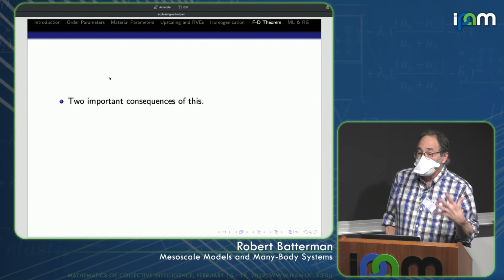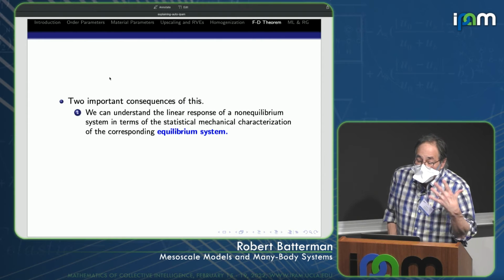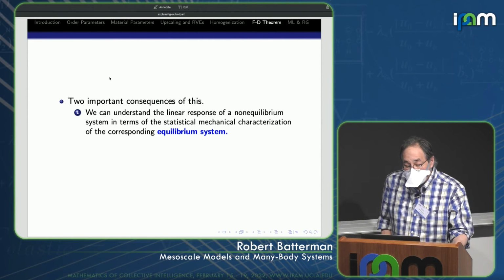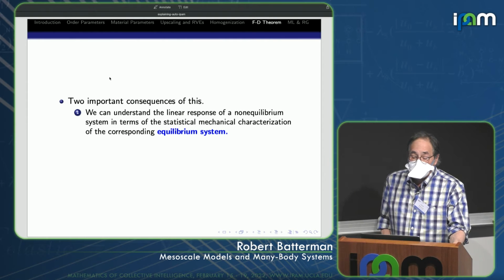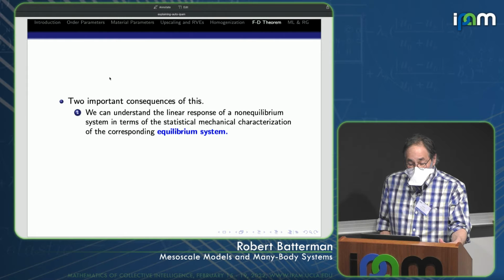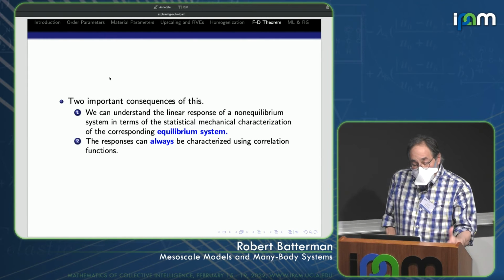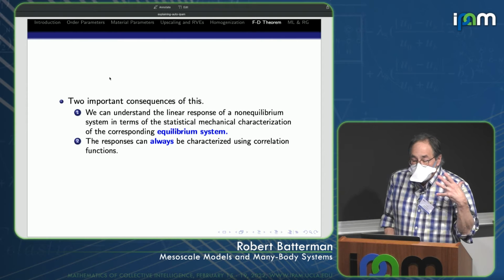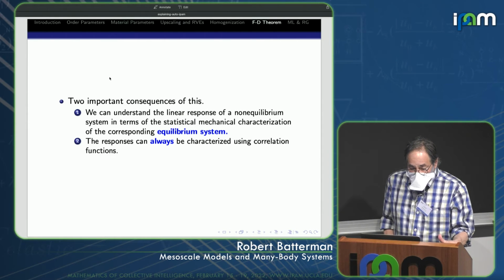So there are two important consequences of this. On the one hand, we can understand the linear response of a non-equilibrium system in terms of the statistical mechanical characterization of the corresponding equilibrium system. And the second consequence is that the responses can always be characterized using correlation functions.